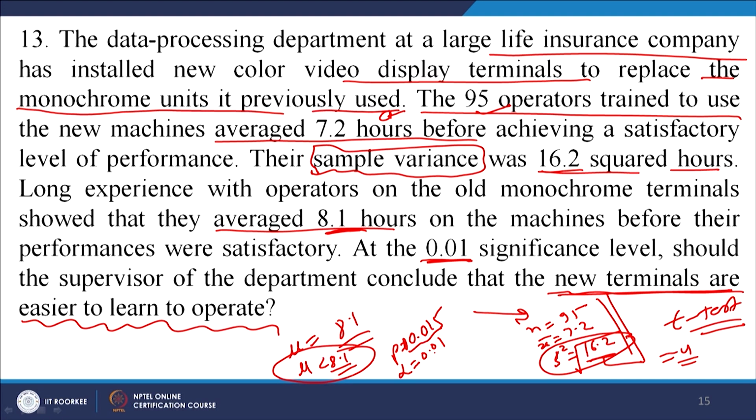No. So, we will not reject the null hypothesis. If p is not less than alpha, we will not reject, otherwise we would have rejected it, right. So, we will not reject the null hypothesis. It means we will say that the training time on old terminals and new terminals is same. There is no significant difference in training time.